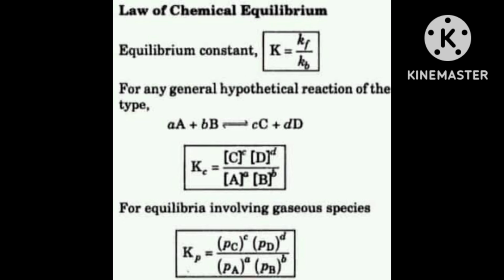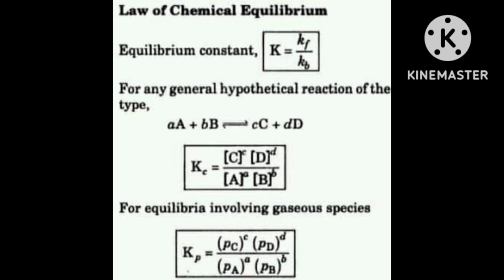Suppose you have only 2 reactants and 2 products. If there were 3 reactants and 3 products, you would write 3 on top and 3 at the bottom. Since you don't know how many reactants and products there are, you write dot dot dot on top and bottom. Maybe more than 2 reactants, maybe more than 2 products.